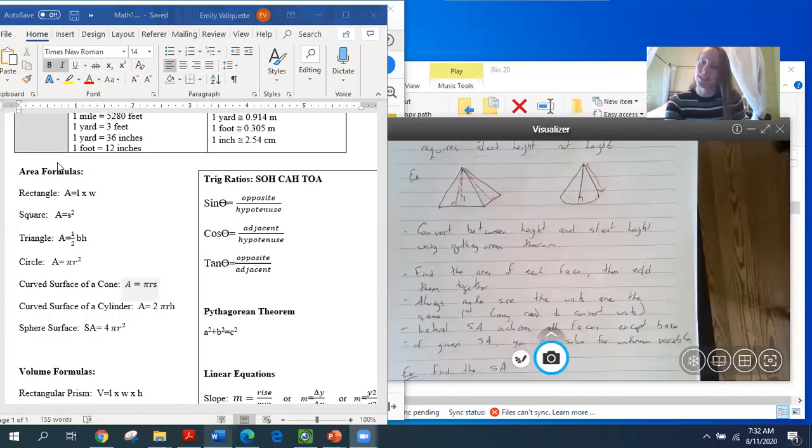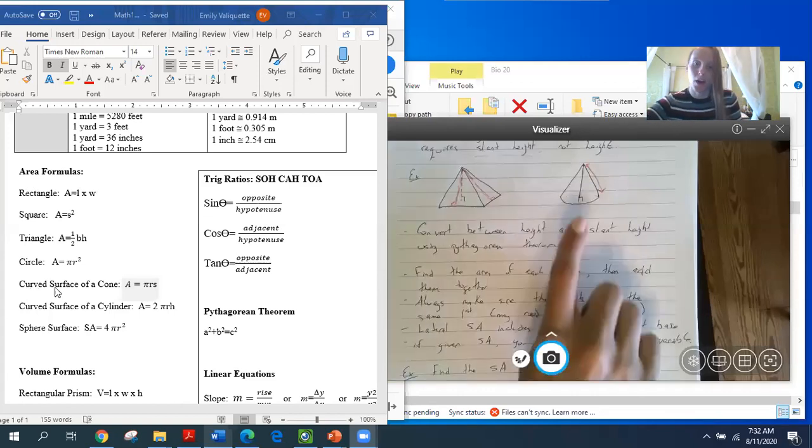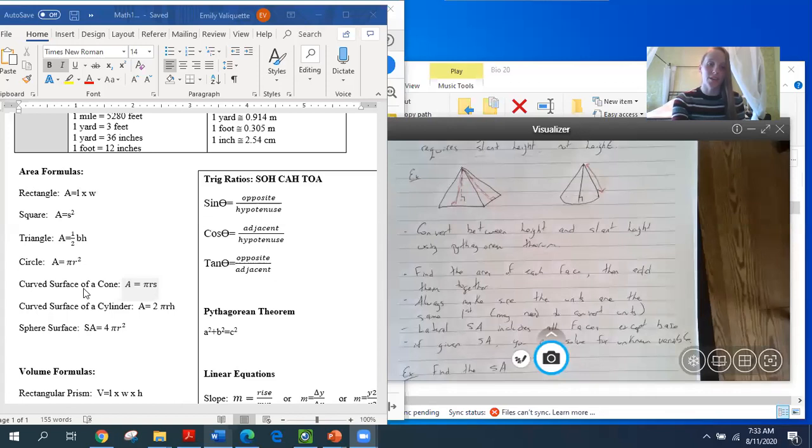These are the formulas that you're going to be using when it comes to surface area. You can see this says area formulas and not surface area formulas. That is important because these formulas are for each face of your shape, not the entire shape altogether. For example, if we were finding the surface area of a cone, we would need the curved surface of the cone, but also just a normal circle for the bottom.